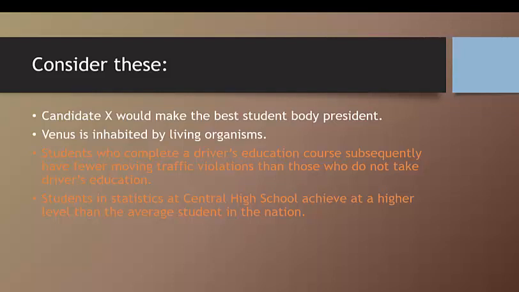The last one, sample 4, really is a prime example because it tells us in this one what our population is. So students in the statistics class at Central High School achieve at a higher level than the average student in the nation. So we know what our population is specifically in 4. So that's a prime example of a statistical research hypothesis.